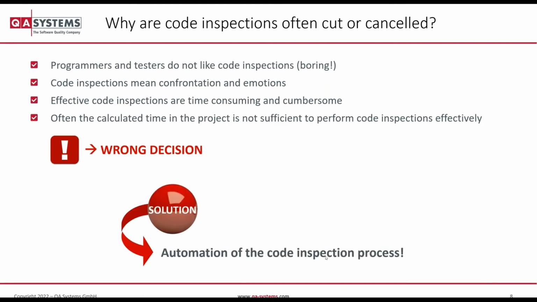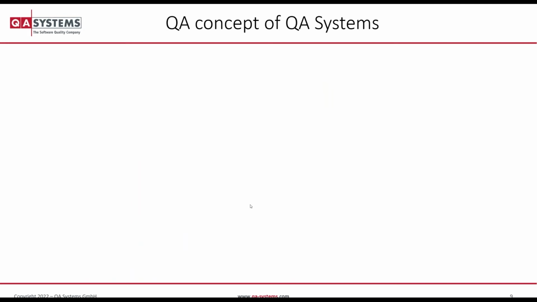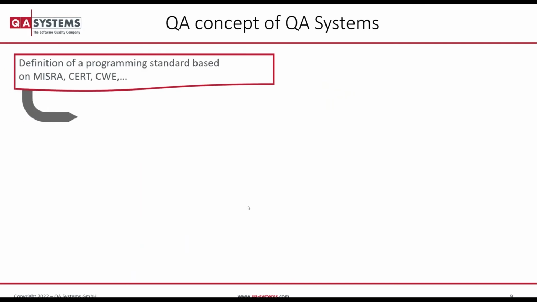The right solution is the automation of the code inspection process. And that's what we propose. First of all, you should define a coding standard based on MISRA, CERT, CWE. You should do that with an audit with your developers, defining what is really needed in that project.